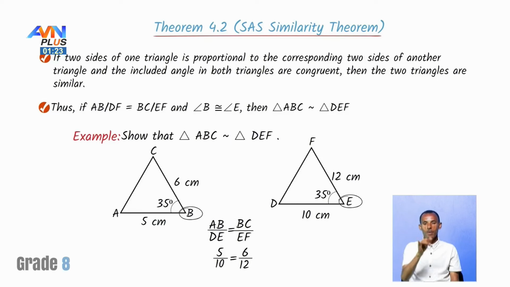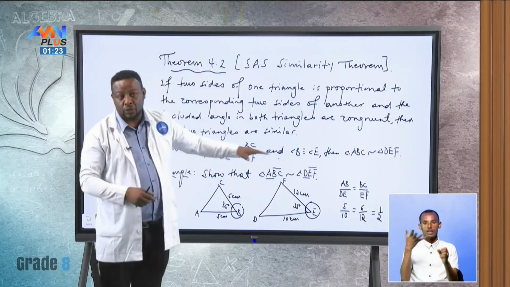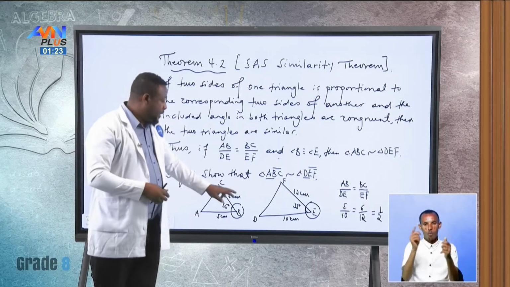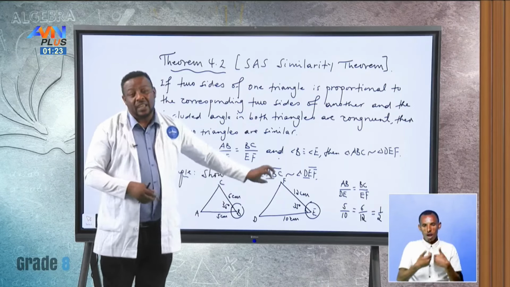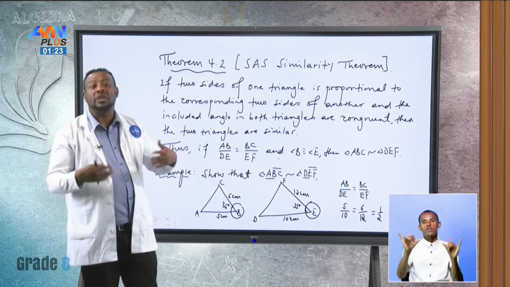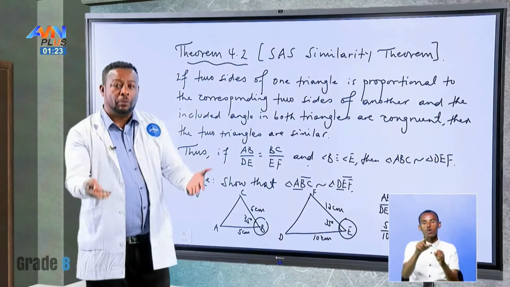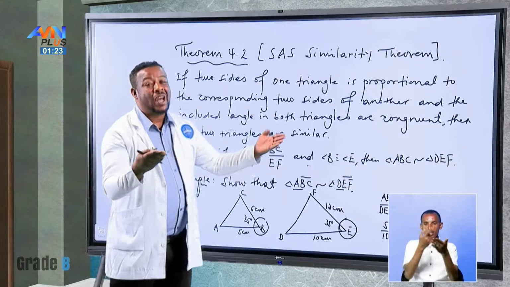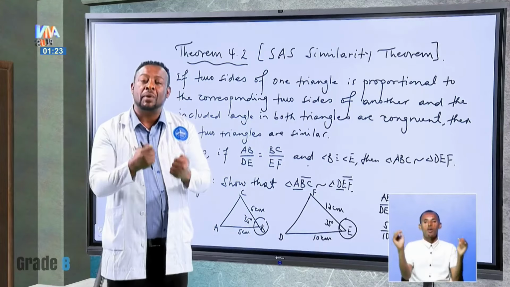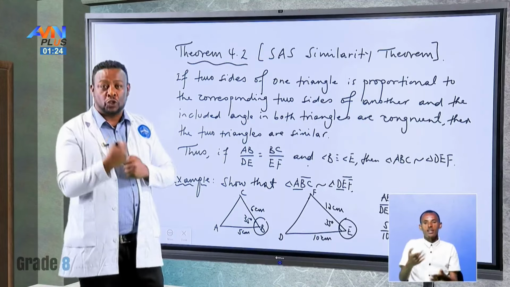If you write these numbers in their simplified form, both of them are 1 over 2. So there are two conditions which are satisfied in these two triangles. One is they do have a congruent included angle. The other one is the ratio of the corresponding sides are the same. So your conclusion will be these two triangles are similar by side-angle-side, right? So this is how you need to show it.